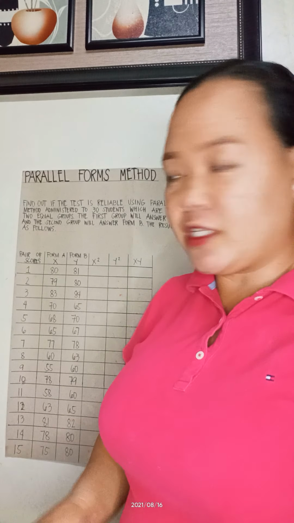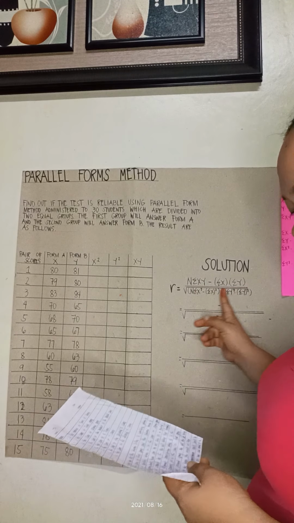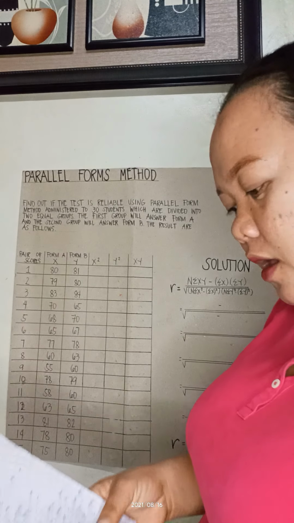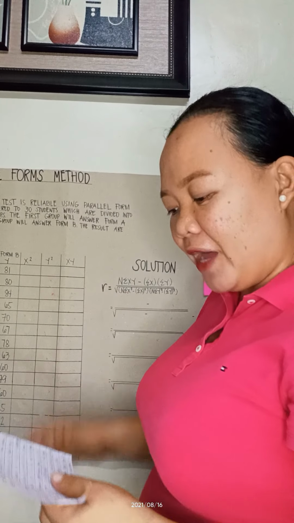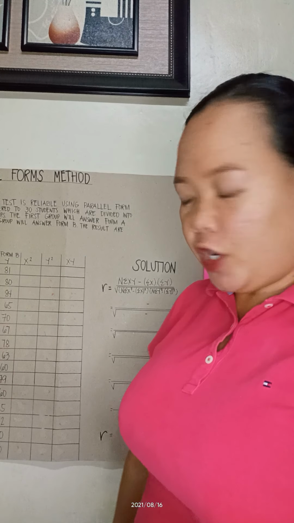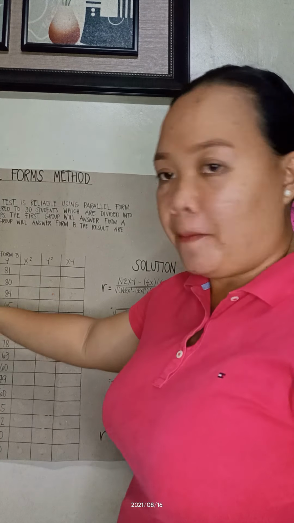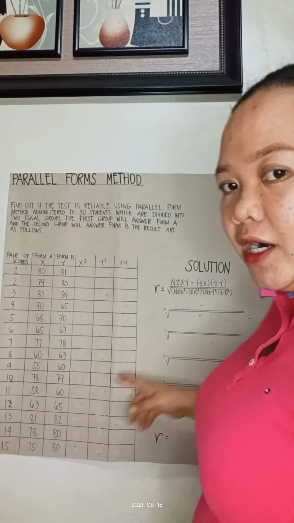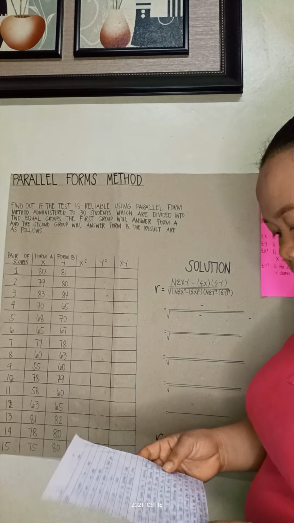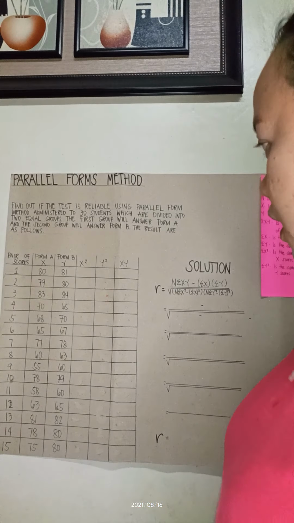So we will be using this formula, the Pearson product moment correlation, where n is the number of paired scores.